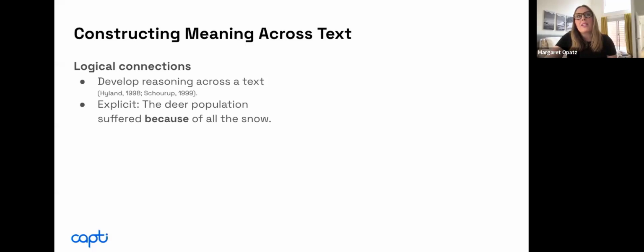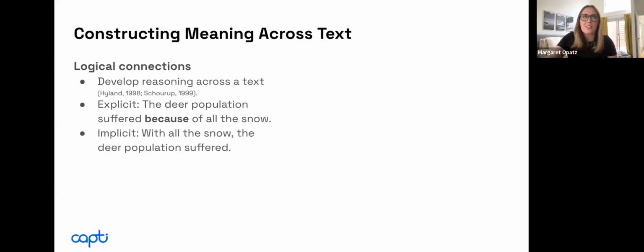These can be explicit, like the word because in this sentence. When they are explicit, that's a really clear indicator for students to say, oh, okay, because is being used, it should be a cause and effect type of relationship within the text. However, when students get into middle school and high school, it's more common to see that the relationship is implicit without an explicit discourse marker.